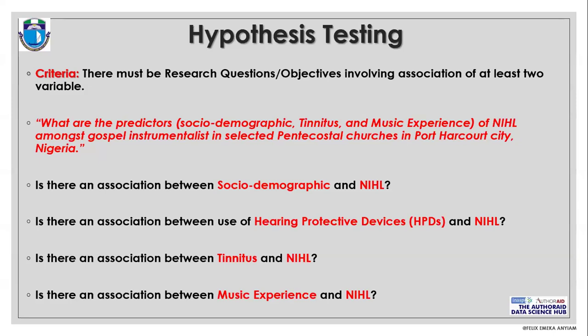Hypothesis testing only happens when you are looking at how one variable influences another variable, how the age influences noise-induced hearing loss, how exposure to soot will influence respiratory tract infection. That's when we have a hypothesis testing, because you're looking at how one variable, which will be the explanatory or independent variable, would influence the dependent or outcome.